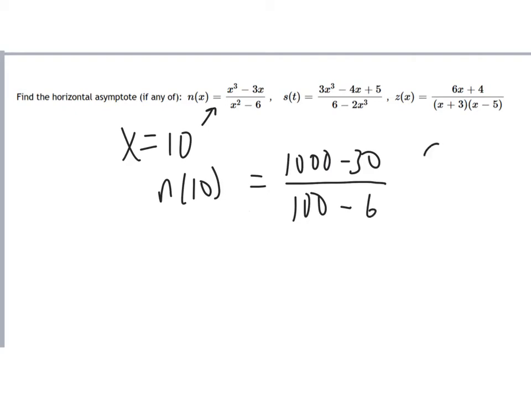Well, that's going to be 970 divided by 94. Well, this is pretty darn close to 10. I know maybe 10's a bad number to do that. That's pretty darn close to 10.